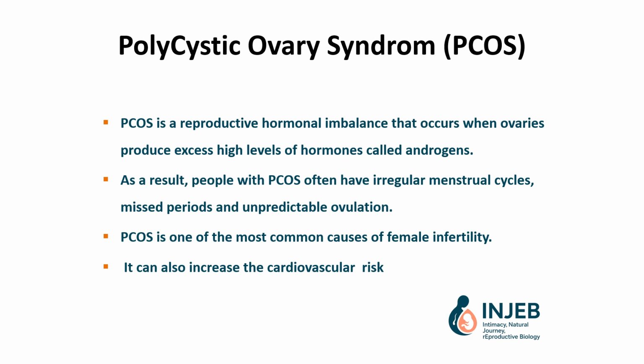The first example we're going to go through is polycystic ovary syndrome or PCOS, which is a reproductive hormonal imbalance that occurs when the ovaries produce excessively high levels of hormones that are called androgens. As a result, women with PCOS often have irregular menstrual cycles, missed periods, and unpredictable ovulation.